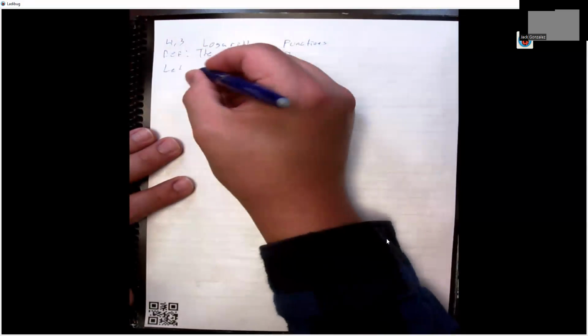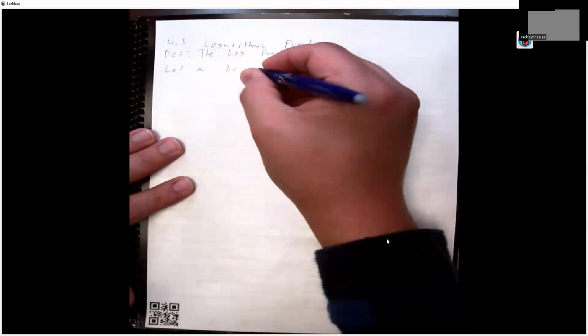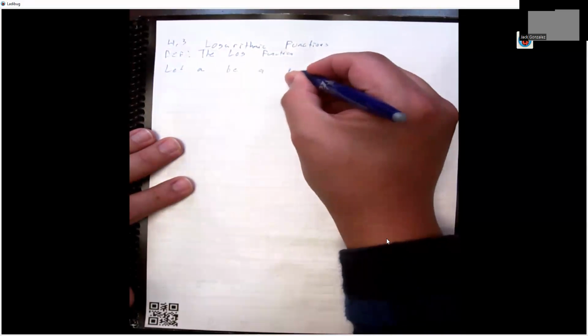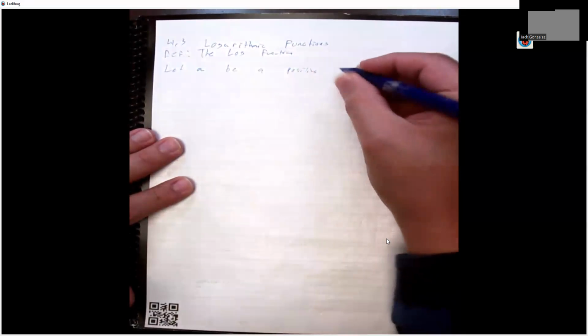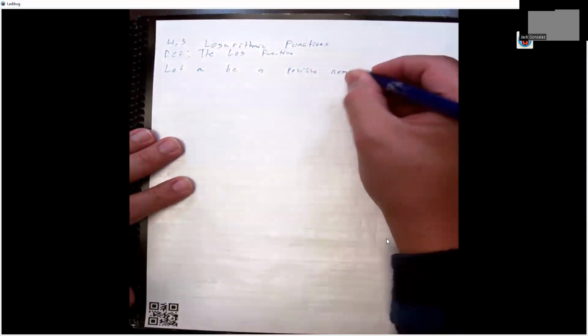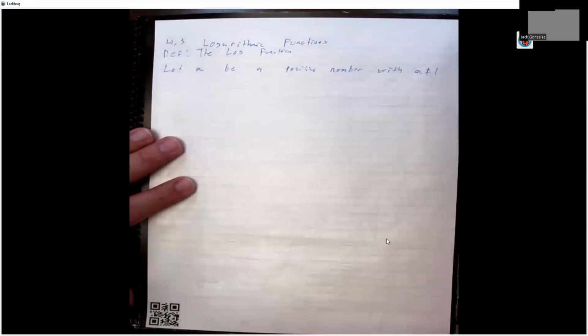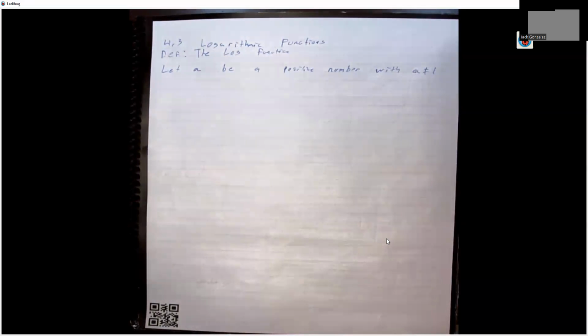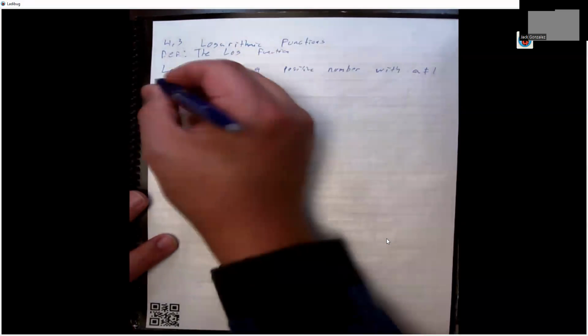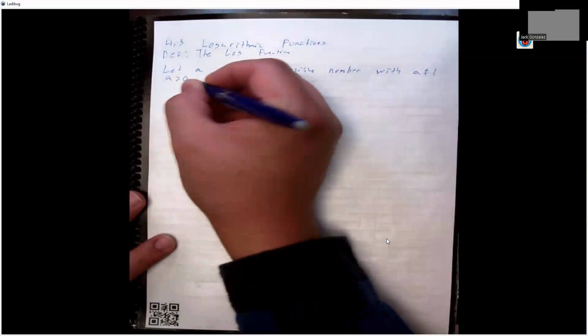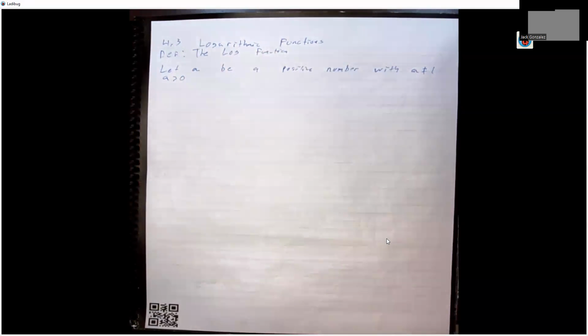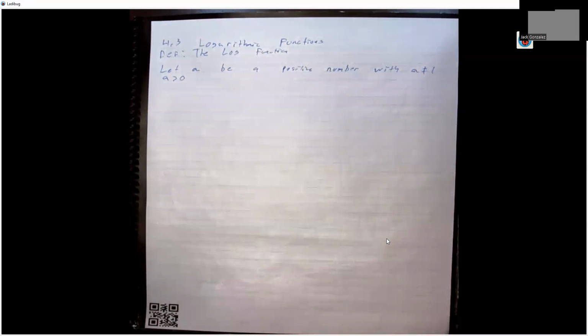So let a be a positive number with a not equal to 1. So no negatives, right? No 0 either. So we'll say the same thing we said earlier for exponentials. The base 0, I think it's meaningless as well.